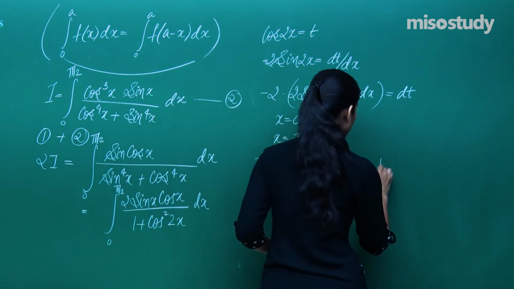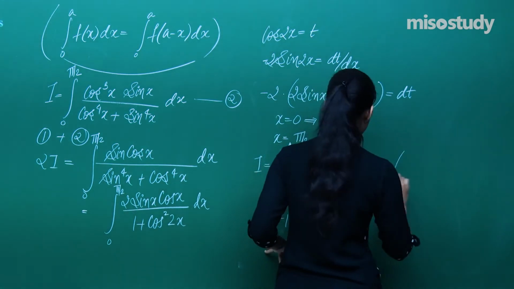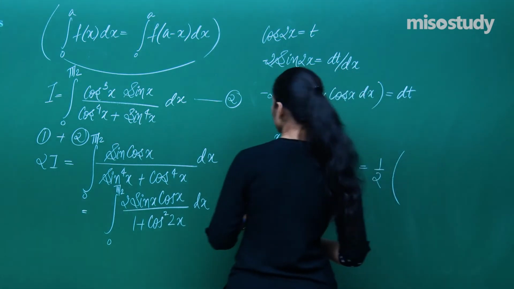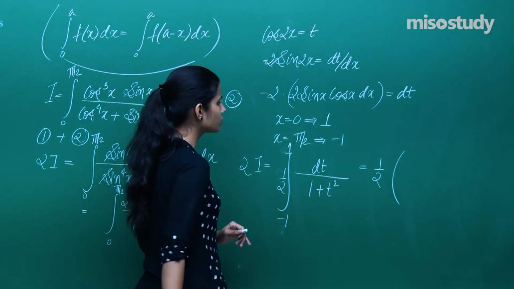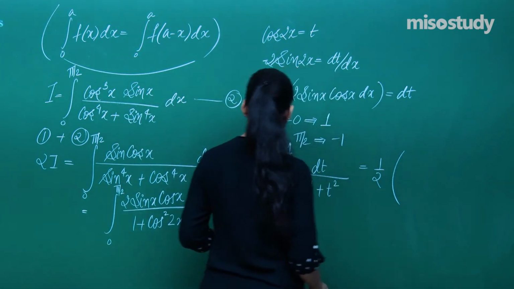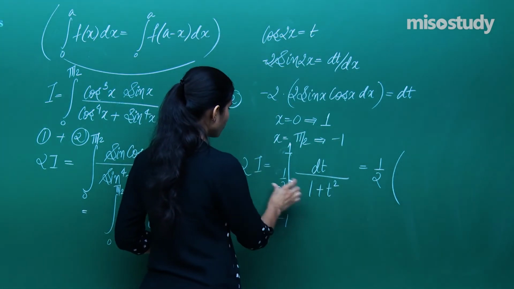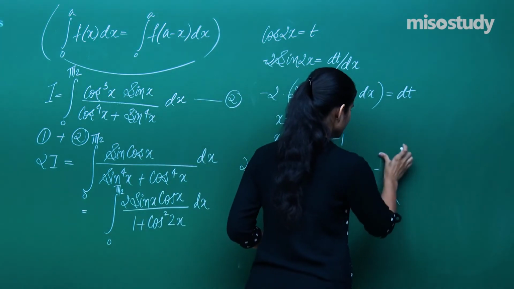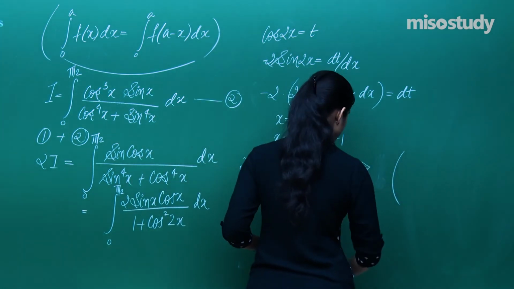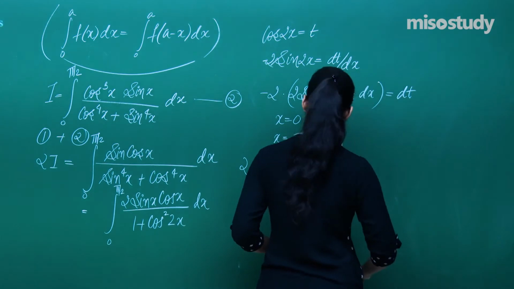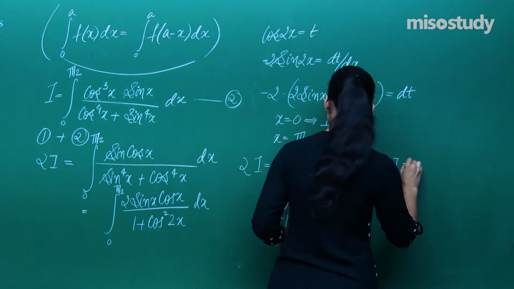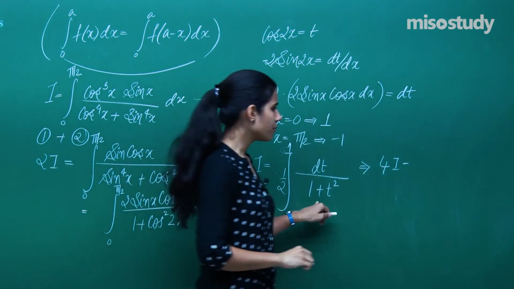This is what? 1 by 2, okay. Now this is 2 times I and not I, this is 2 times I. 2 times I is 1 by 2, so this becomes 4 times I. This implies 4I will be equal to tan inverse t from minus 1 to 1.